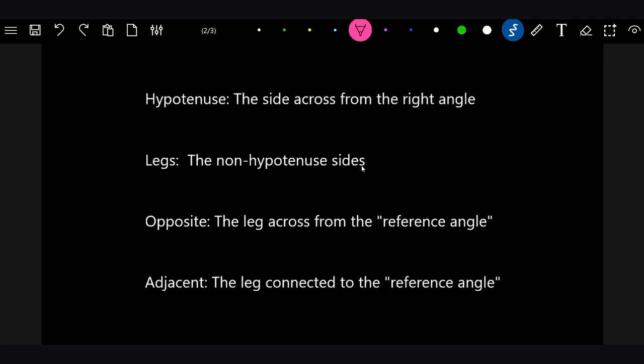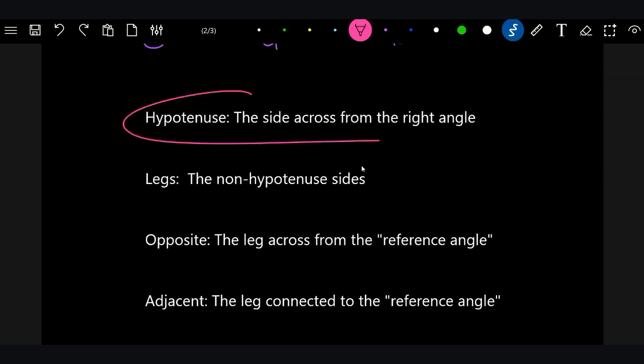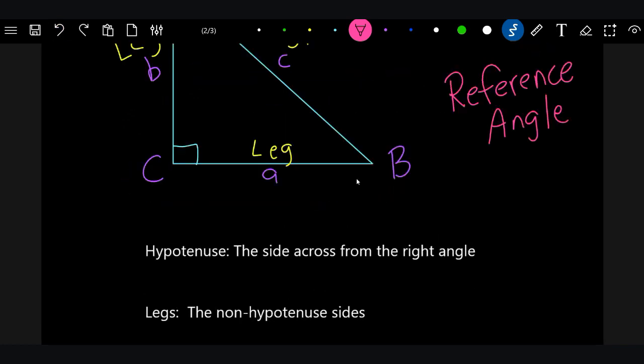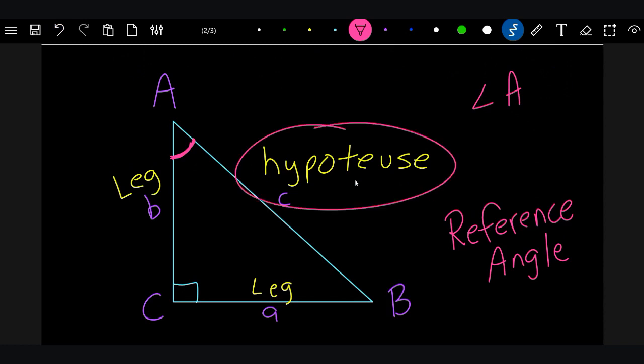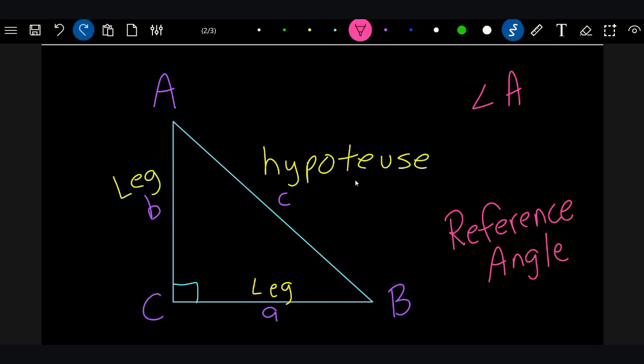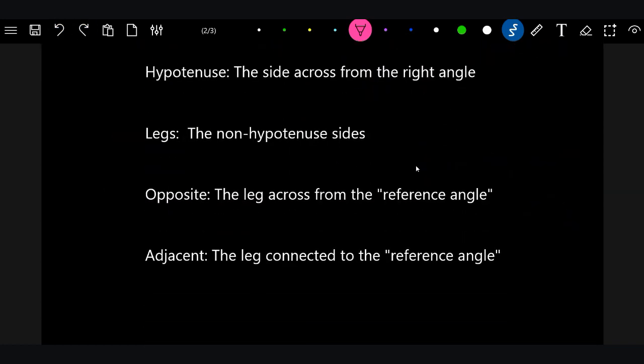Let's scroll down here and look at these. Hypotenuse, the side across from the right angle, I already told you that. Legs, the non-hypotenuse sides. So this is the hypotenuse, this is a leg, and this is a leg. The next thing is this word opposite. What does that mean? It says the leg across from the reference angle.